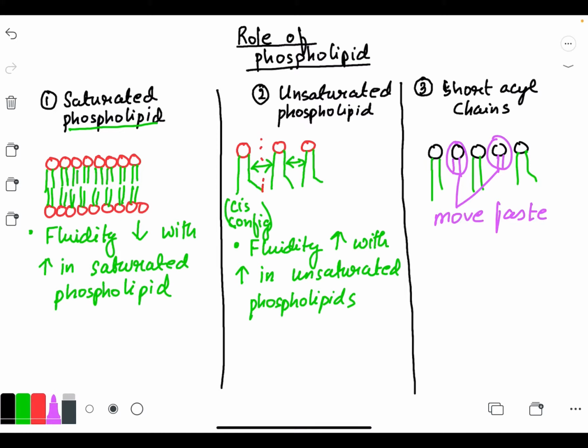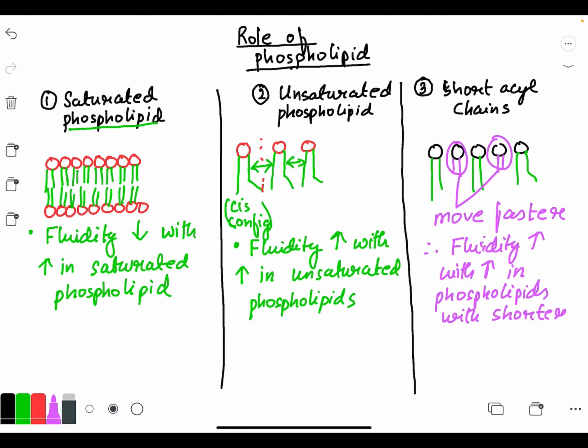So therefore mobility is faster, and therefore there will be an increase in fluidity. So fluidity increases with an increase in phospholipids with shorter acyl chains. So this is how the phospholipids actually maintain or regulate the fluidity.